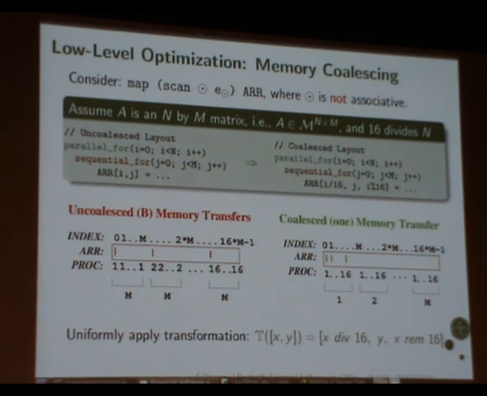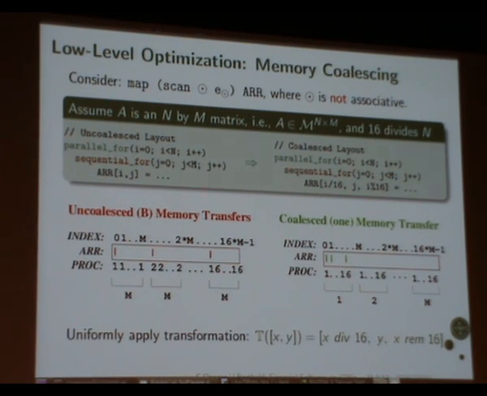And we give a very simple transformation technique in which basically we are distributing the parallel dimension of the array, right? So we basically create an innermost dimension of size 16 to enable coalescing, and we keep also the rest of it as the first dimension of the array.